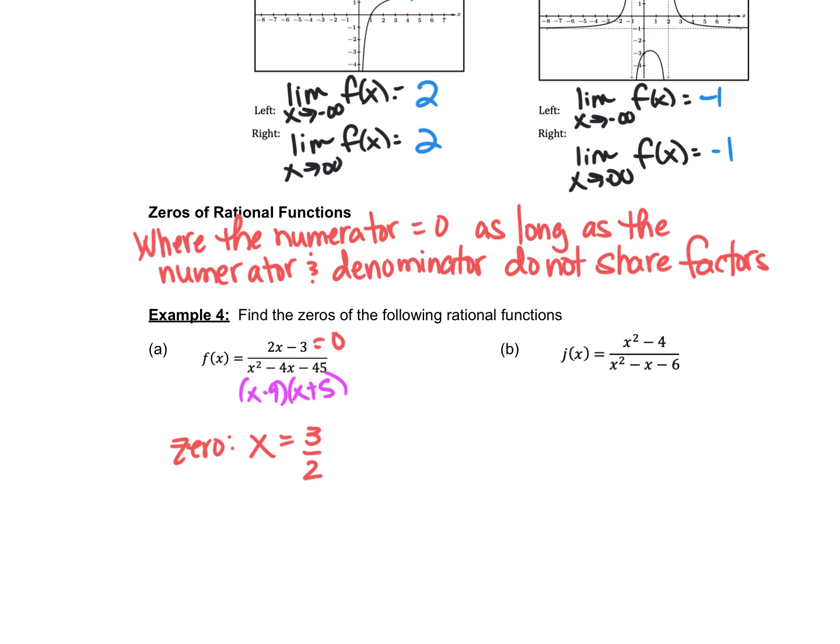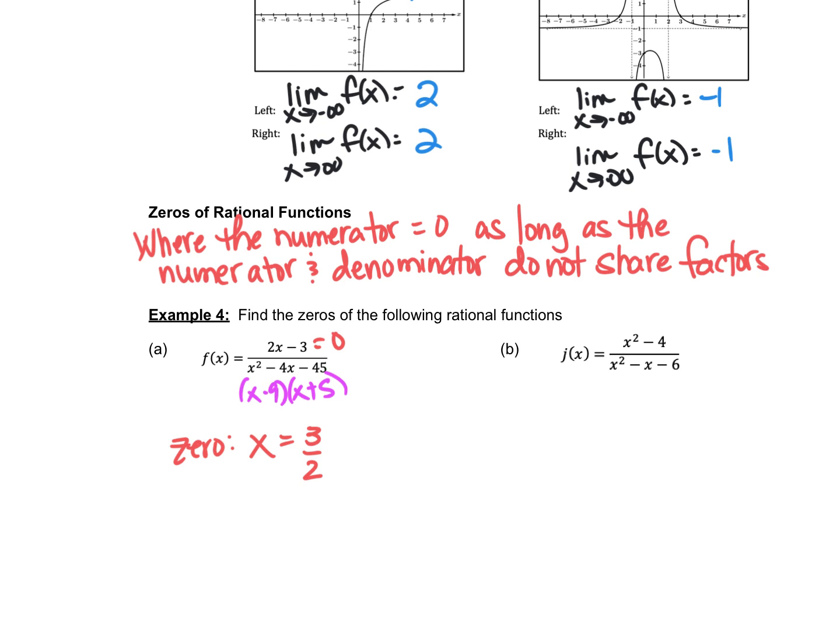It's something else, and we'll talk about that in a day or two. Go ahead. So the zeros from the denominator don't count as a zero? No, only the numerator. Because if you want a fraction to equal 0, the denominator can't equal 0. That makes sense? Okay.